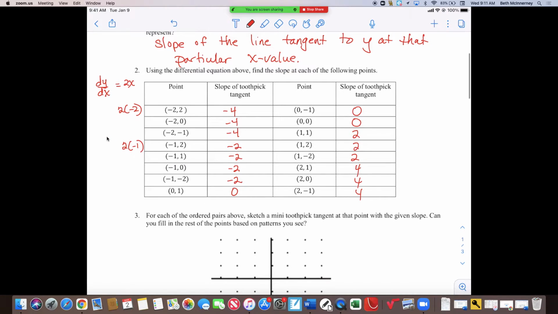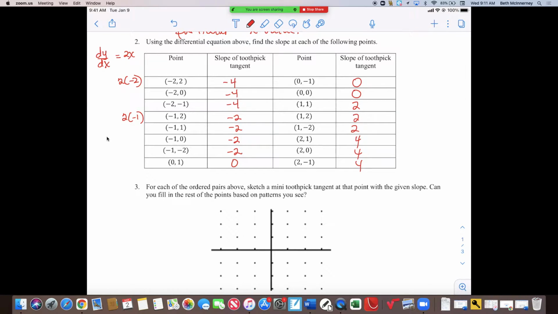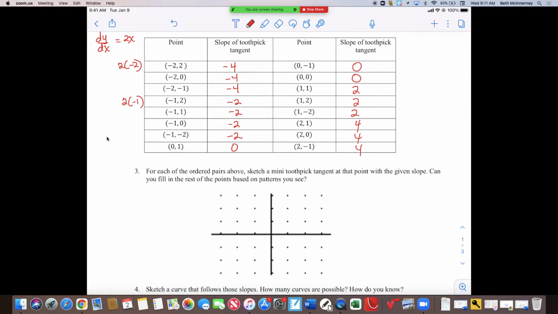Okay? So for each of the ordered pairs above, we're going to sketch a mini toothpick tangent at that point with the given slope. So I'm going to do a few of these and then see if you can look for patterns. And one of the patterns is where x is -2, they're all a slope of -4.